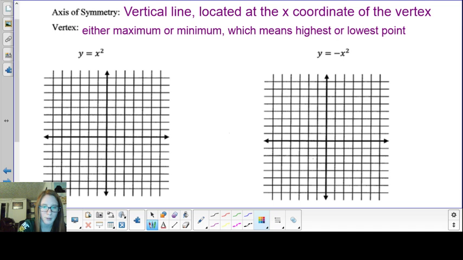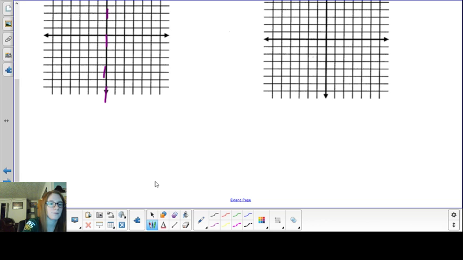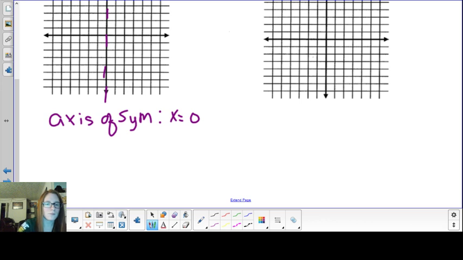I'll switch colors, make it a little bit brighter. And that's going to be that line.